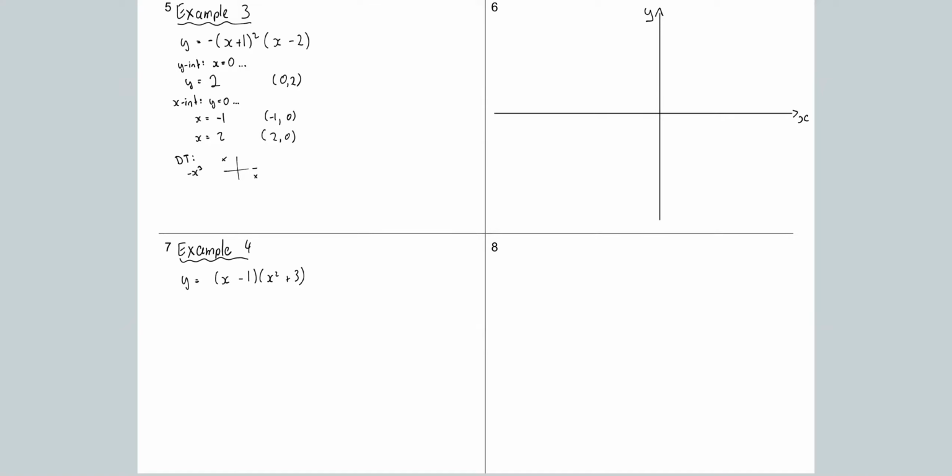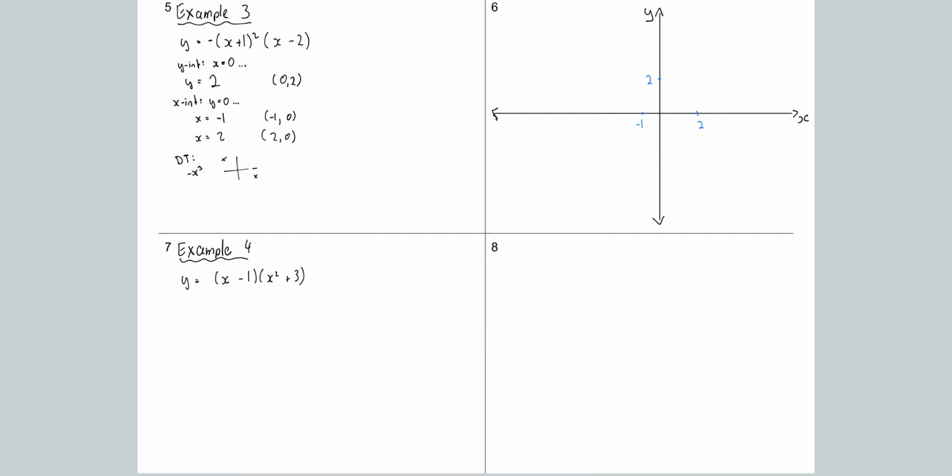Okay, so there's my axes here. I'm just putting in the different points that I know about. So I've got y equals 2. So we'll make it here. Then we've got x equals negative 1, and x equals 2. Just trying to keep the proportions right.